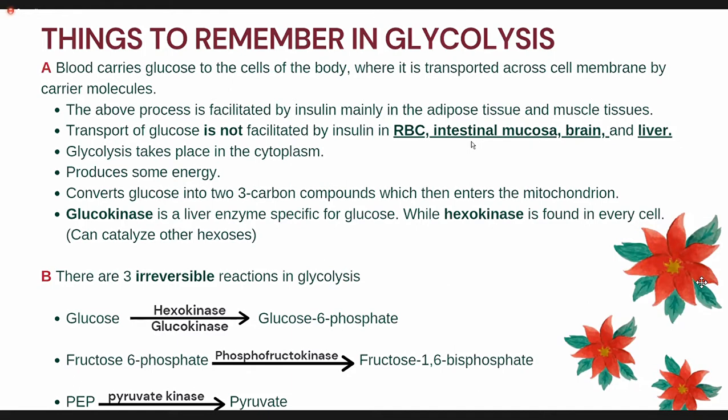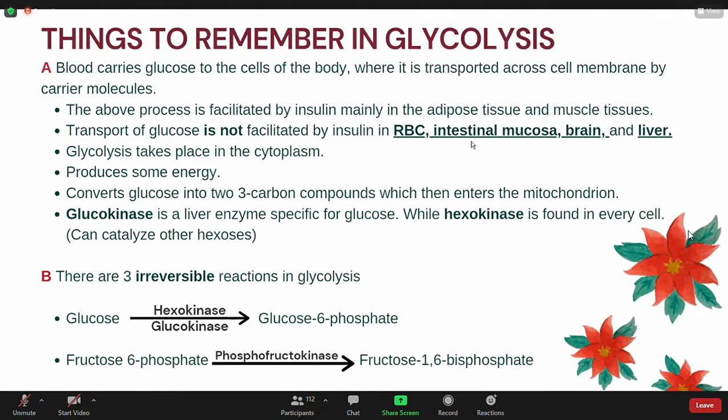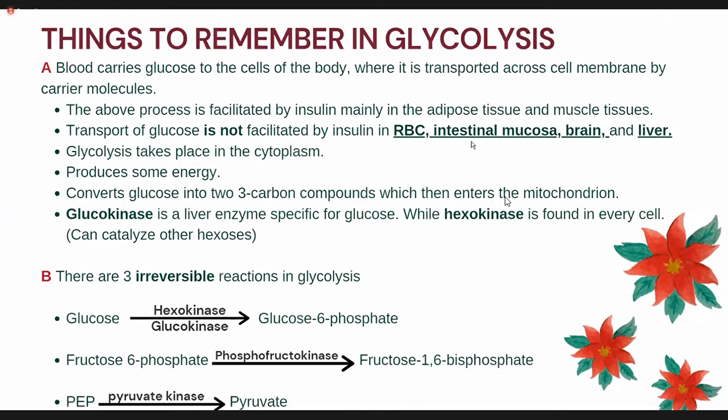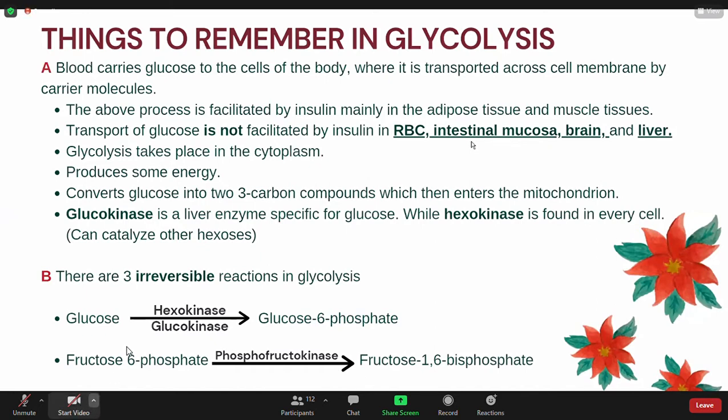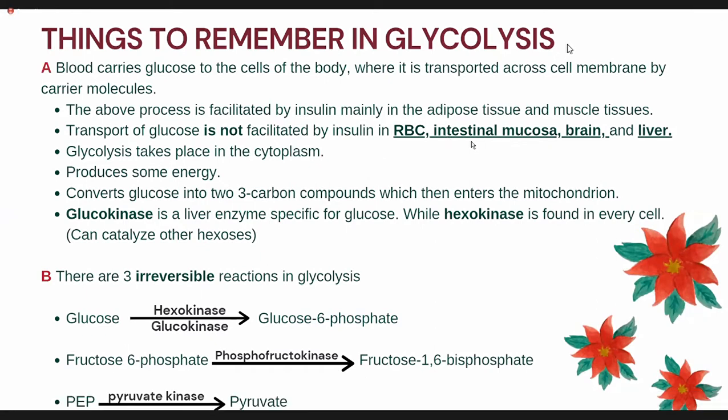And it also says here, glucokinase is a liver enzyme for glucose. And this is, of course, very specific for glucose. We will have a distinction between these two later on. Now, the other enzyme, hexokinase, which does the same thing as glucokinase, is located in cells other than the hepatic cells.